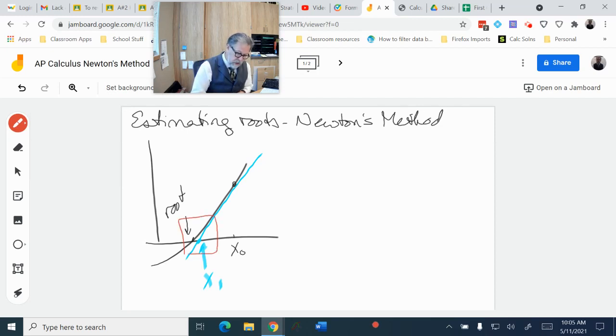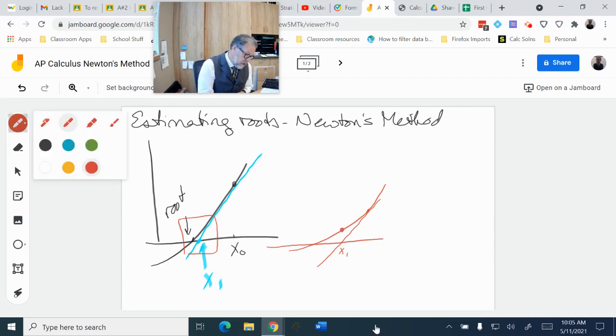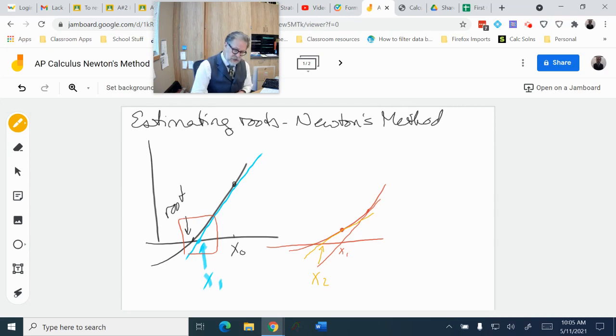So if I zoom in on this little square, now my function looks like this. And there's x1. And now what I do is I draw a tangent line at x1. And it's even closer. That's x2. And I can just keep doing that over and over and over again.